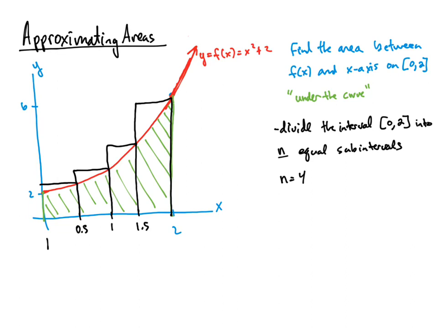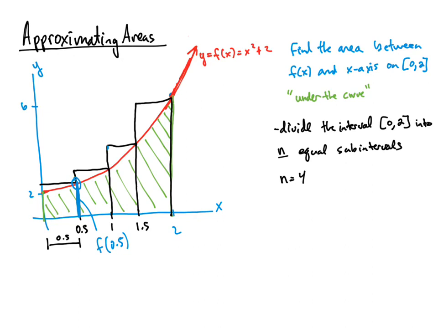So we have 4 rectangles, and we know the width of each of these rectangles. The width here is 0.5. The height corresponds to the value of the function at the height of the rectangle. So right here, this distance is f of 0.5.